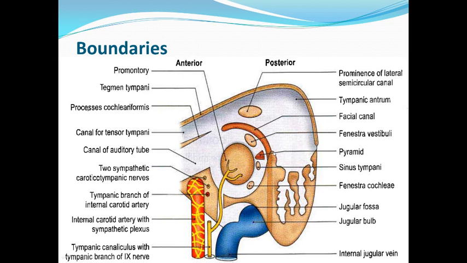It will reach the lower margin of the aditus, and then it will descend behind the posterior wall, or the mastoid wall, and end at the stylomastoid foramen.